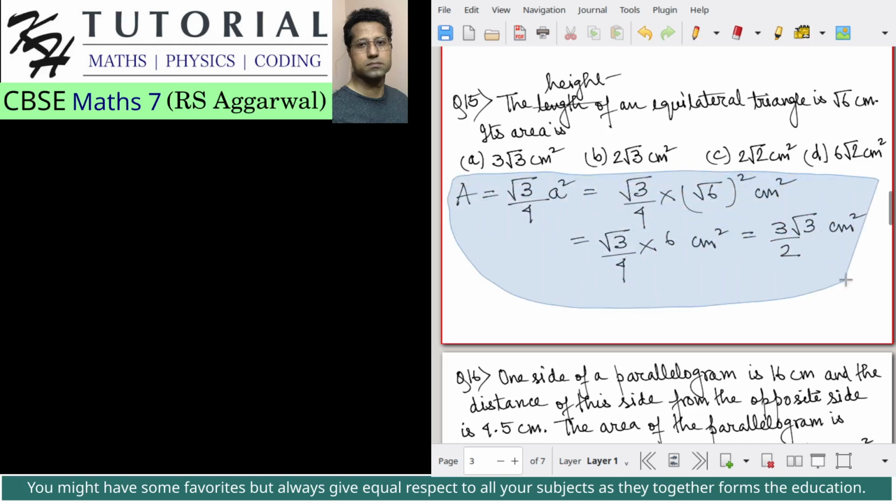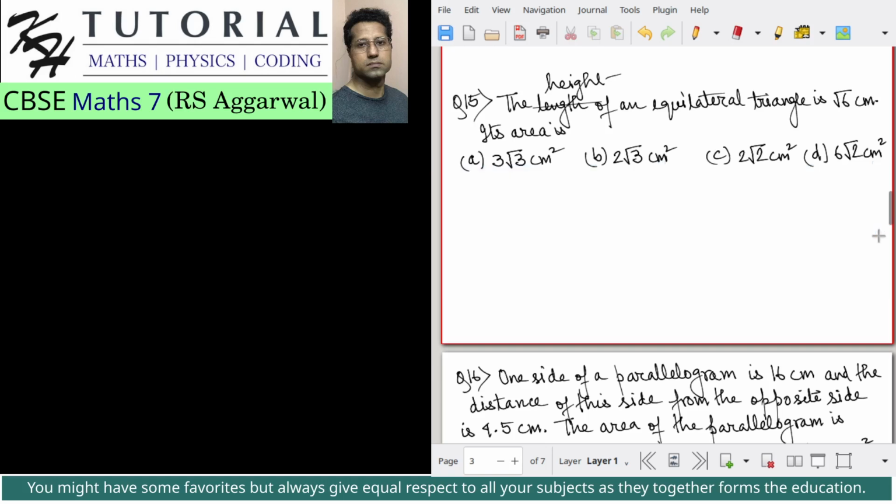So height of an equilateral triangle is given and we have to find its area. Now you must know what is the relation between height of an equilateral triangle and each side. So if this is an equilateral triangle of each side of length a, then the height of an equilateral triangle is same.